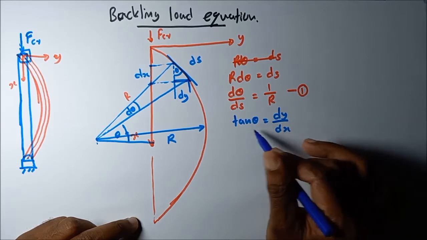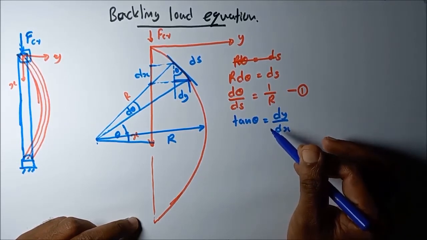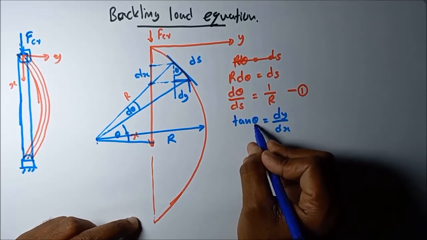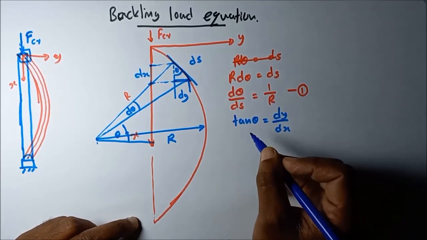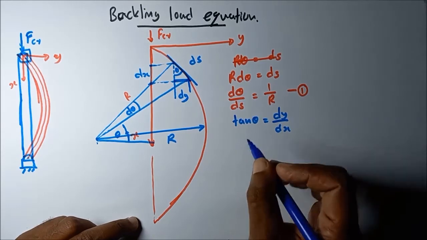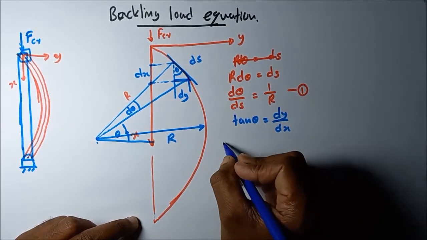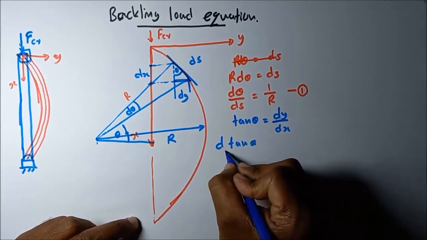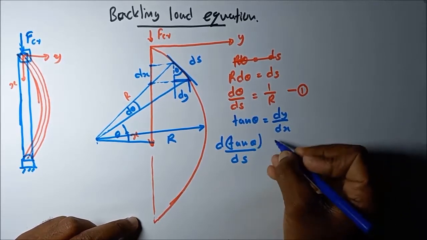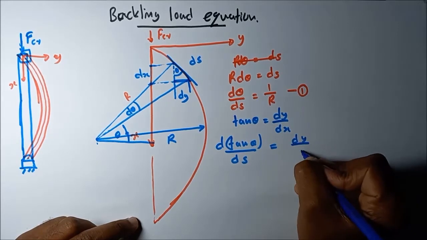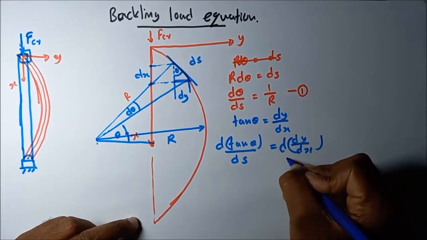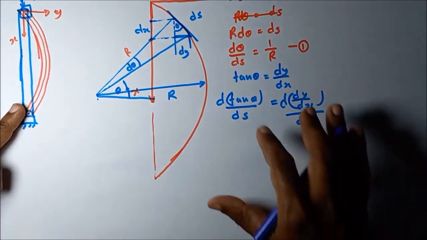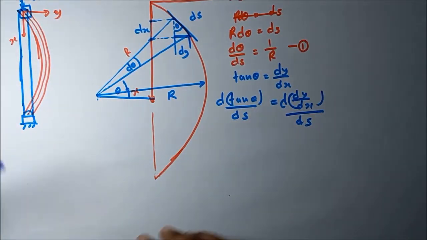So then this equation I am going to differentiate with respect to ds. But in this equation the variable is theta, so we can't differentiate directly with respect to s.